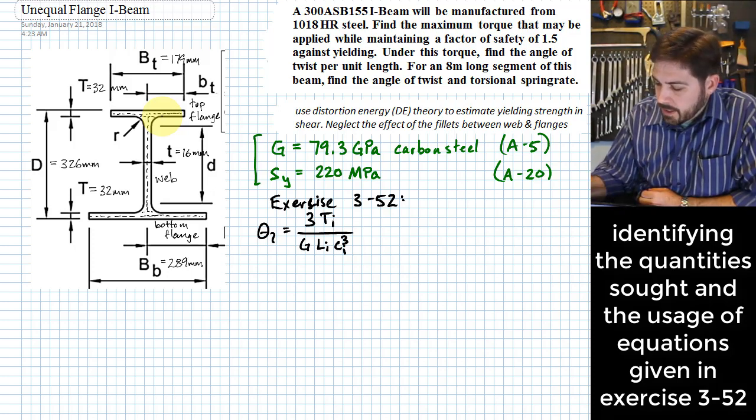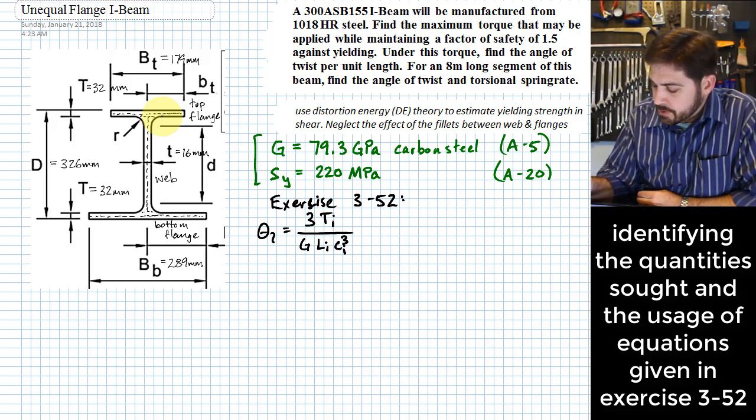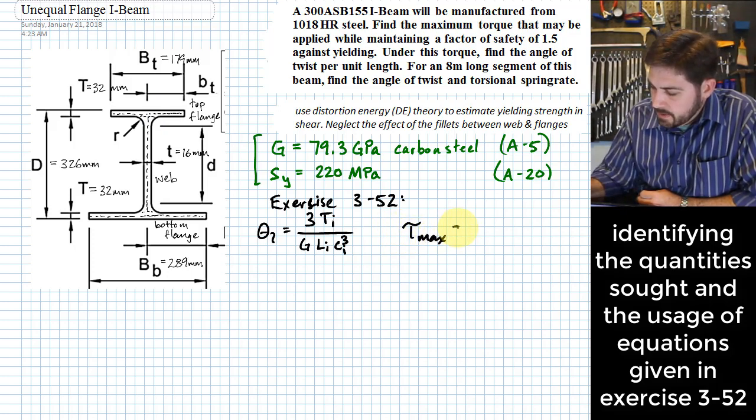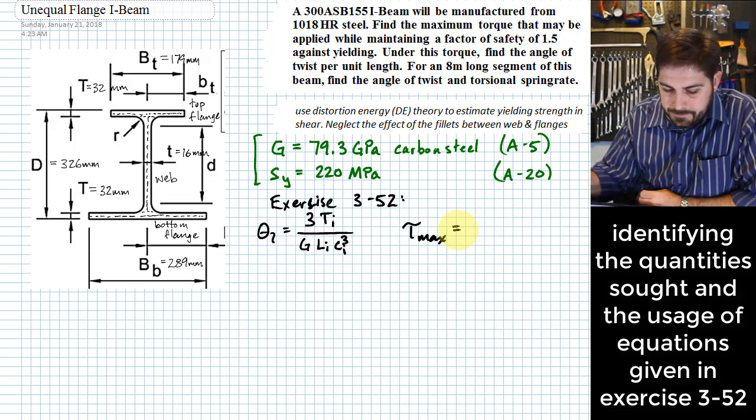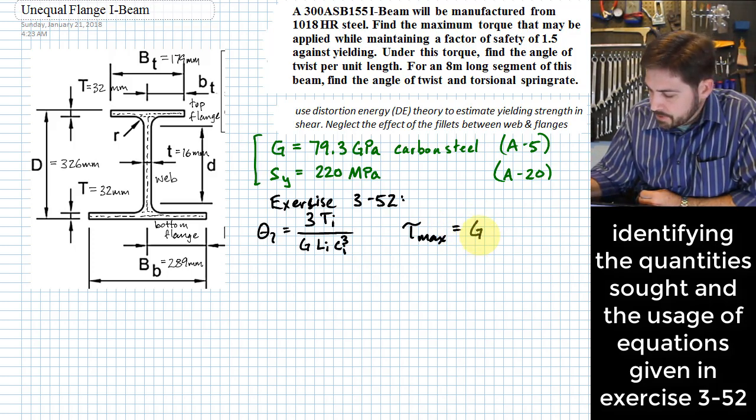Another equation given for exercise 352 is that the maximum stress is equal to the modulus of rigidity times the angle of twist per unit length times C max.